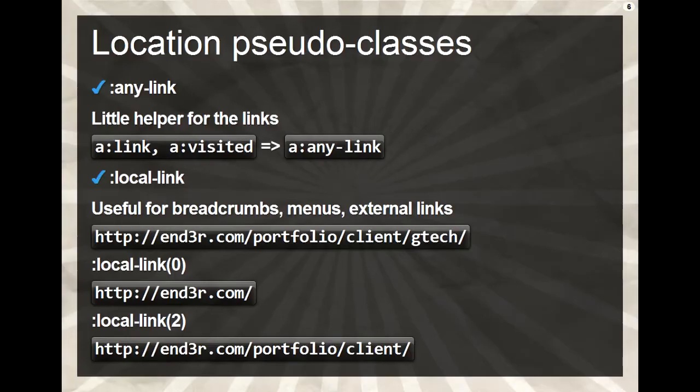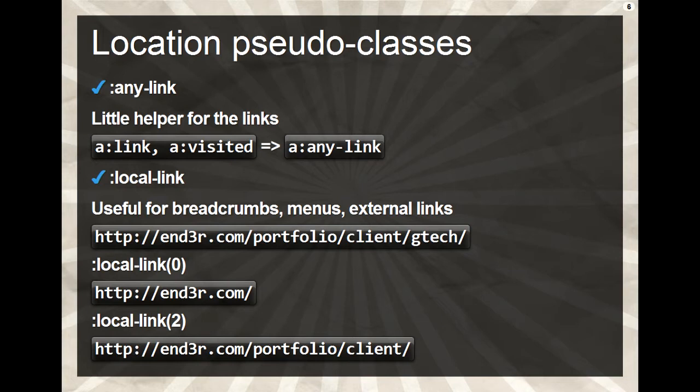The second location pseudo class is the local link, the more interesting one, I think, because we can use this one to generate breadcrumbs menus, because with the local link we have access to the address of the website, and we can style the links that are specific to different parts of the website.